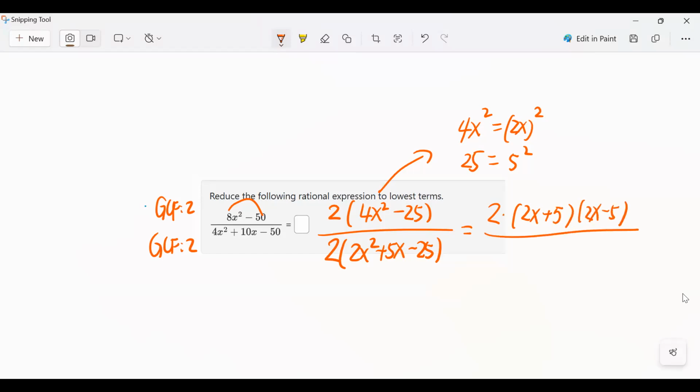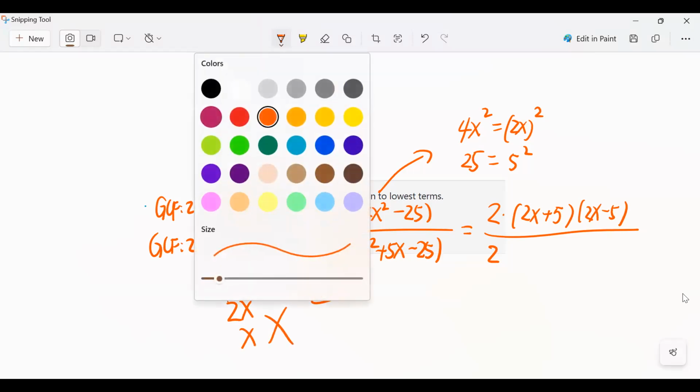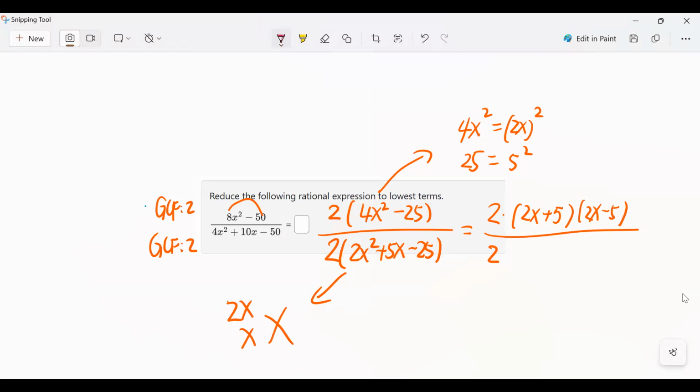On the bottom, we just factor the trinomial. 2x and x is the only way to break down 2x squared. On the right, we get 25, which has to be 5 and 5. Because it's minus, one of them has to be minus: this one's minus, this one's plus.